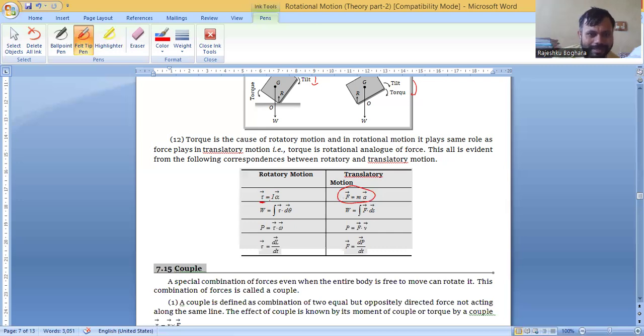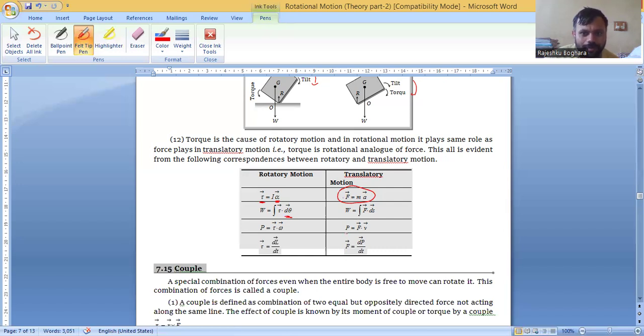Rotational motion में moment of inertia I, here we take angular acceleration alpha. Now W is equal to integration F dot ds. Now in a rotational motion W equals integration tau dot d theta. D theta is the angular displacement.